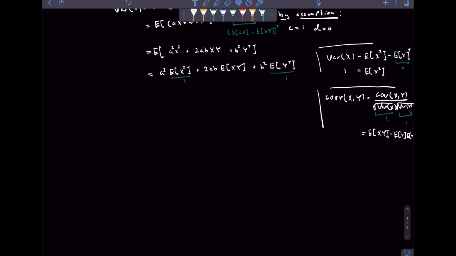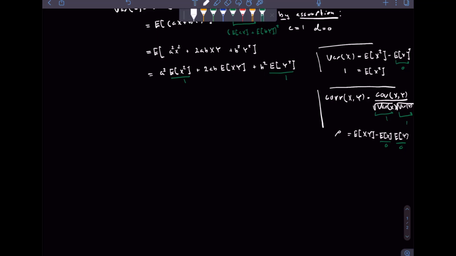It became a little short on space. Let's see if we can move this just to make it a little prettier. All right. What do we have now? Well, we know that the expectations of X and Y are 0, and that the correlation is the same thing as this term rho that we wrote.